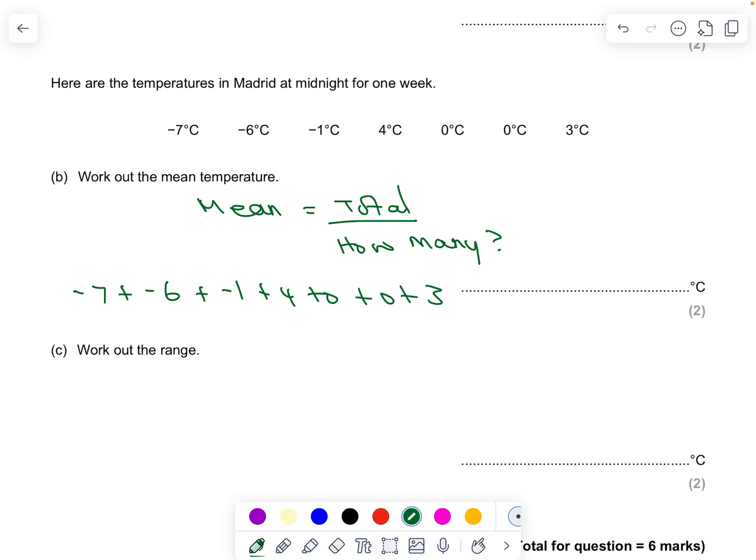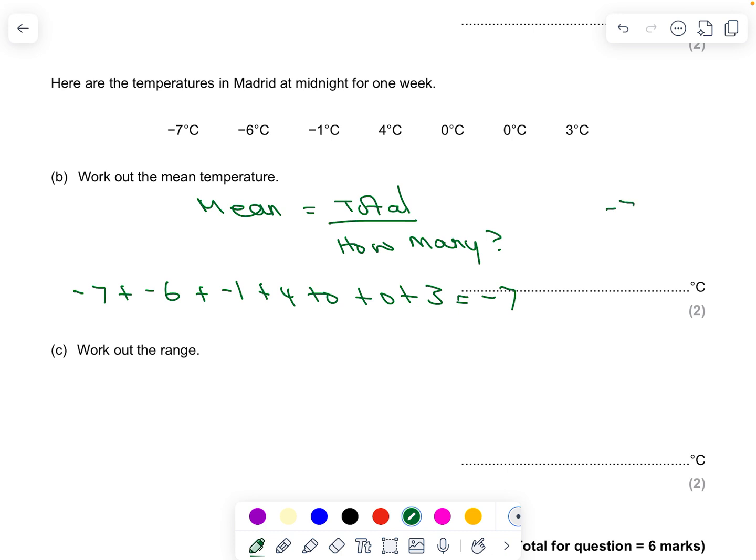So -7 plus -6, so it's the same as subtracting, gives you -13. Plus -1, so that would be -14. Plus 4, so we go up the number line, gives you -10. Plus 0, plus 0, nothing, and then plus 3, so -10 plus 3 gives you -7.